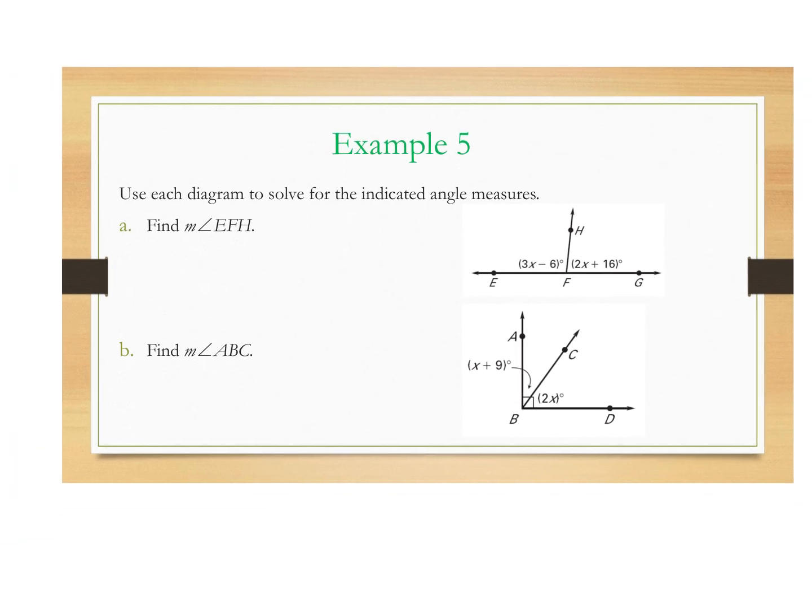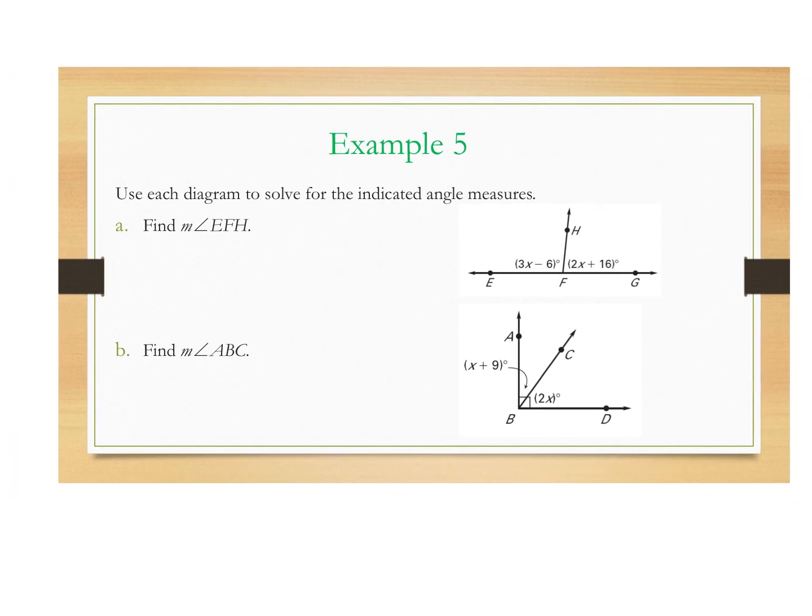So the last one, it says to use the diagram and to solve for the indicated angle measures. So for the first one, it wants me to find the measure of EFH. So EFH is right here. So notice this is a linear pair. It's sitting on a straight angle.